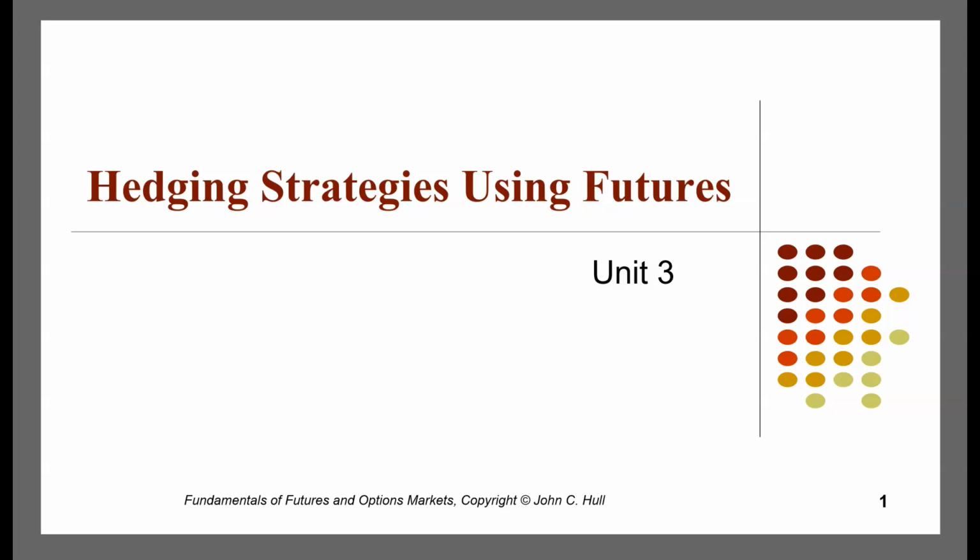So in this video what we're going to do is start with unit 3, and that is on hedging strategies using futures. Now we remember in the earlier videos we said that we could use derivative instruments for a few reasons.